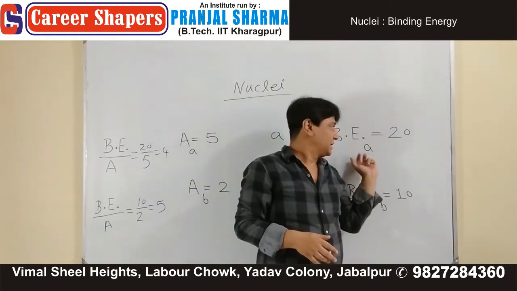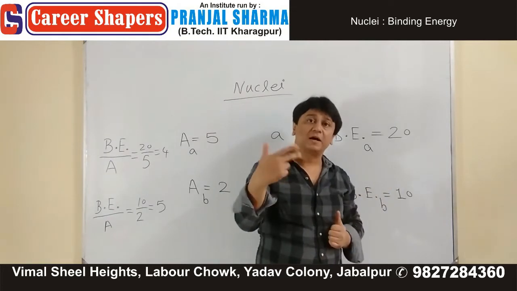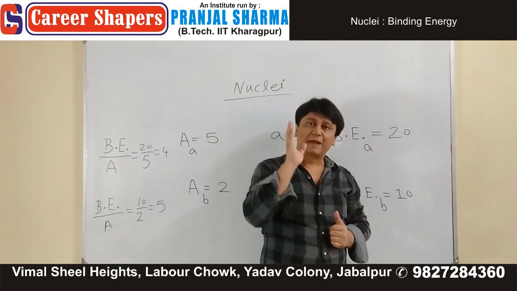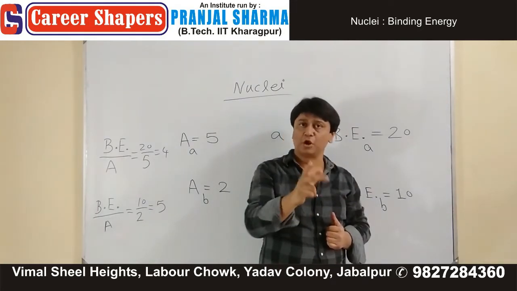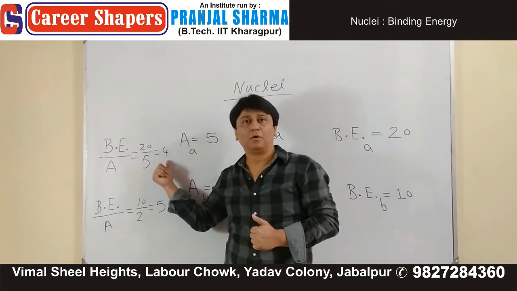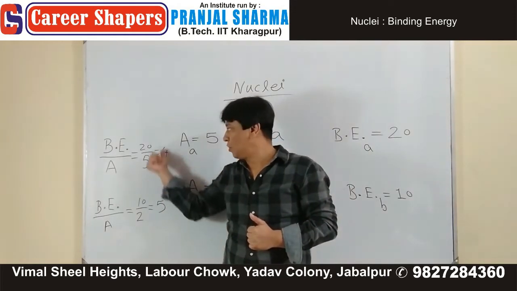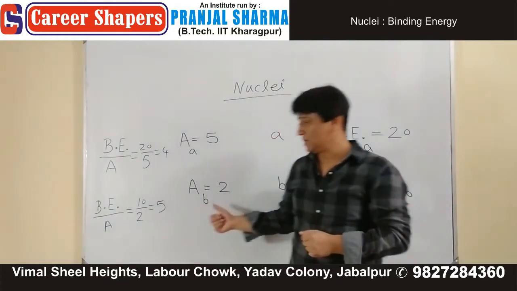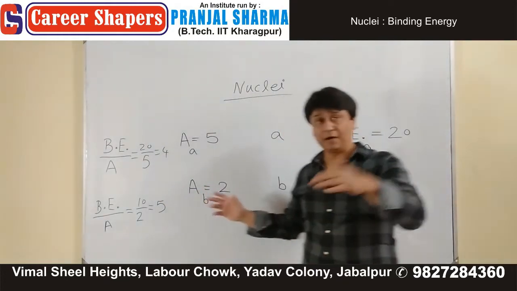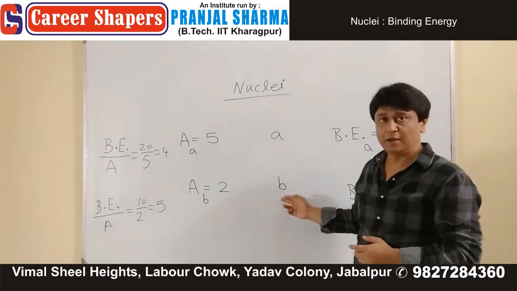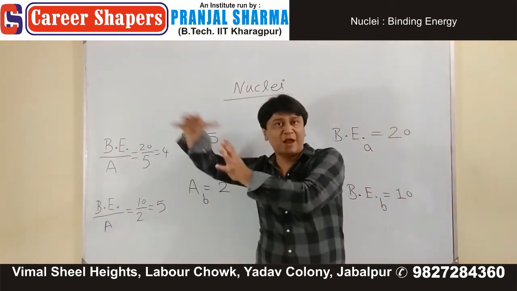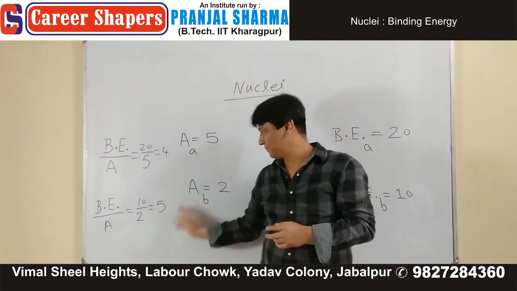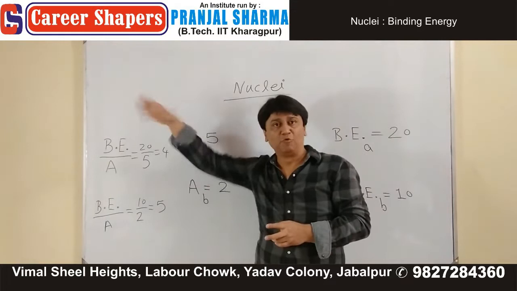So this dense material, what does it require? To break it apart, to get rid of the interaction between the nucleons, it demands only 4 joules per nucleon. Whereas a different material, which is B, again the same type of dense thing where all the nuclides of B type are present, remove the electrons.